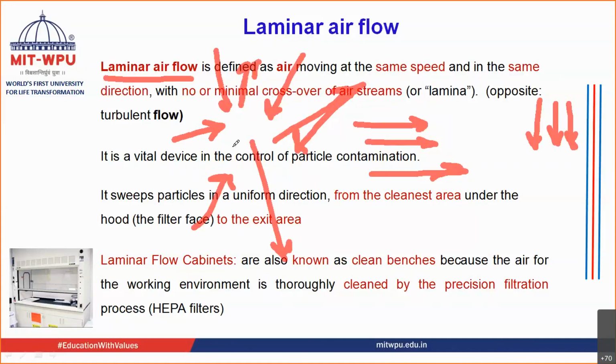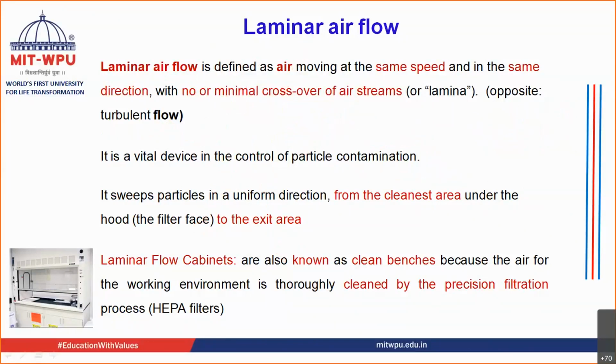This type of air is known as turbulent flow. So the air is what? Turbulent. Whereas when the air moves in one direction, unidirectional with the same speed, so the direction as well as the speed is the same, this type of flow is known as laminar airflow.